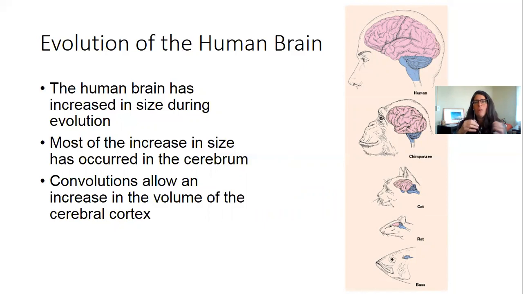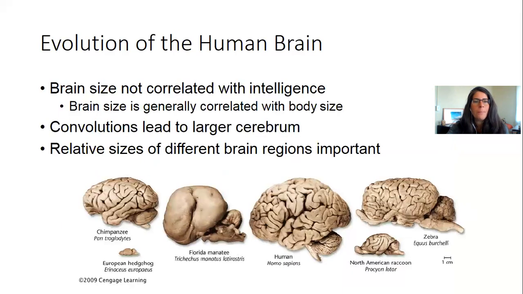So we see all these grooves and folds so that we can pack more surface area into the smaller skull. The convolutions allow an increase in volume of the cerebral cortex. So brain size, and this is the brain size of different species, is not correlated with intelligence.